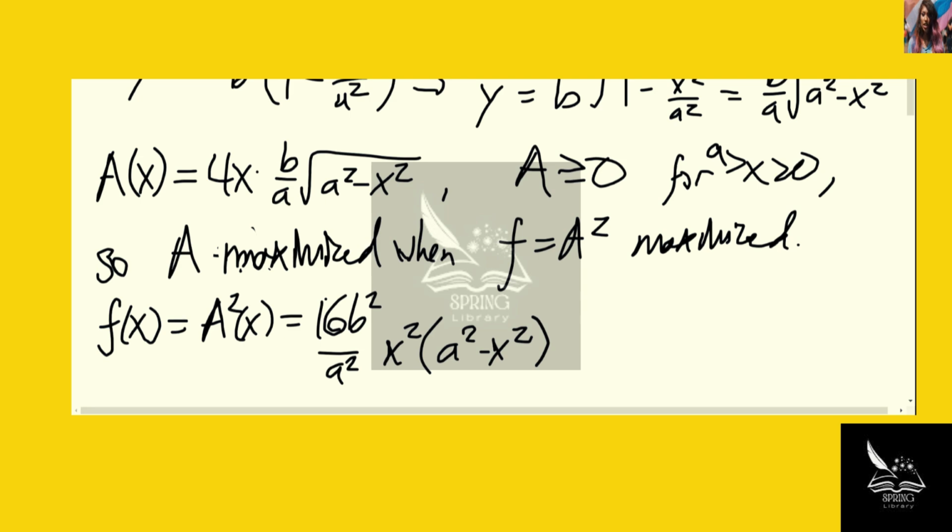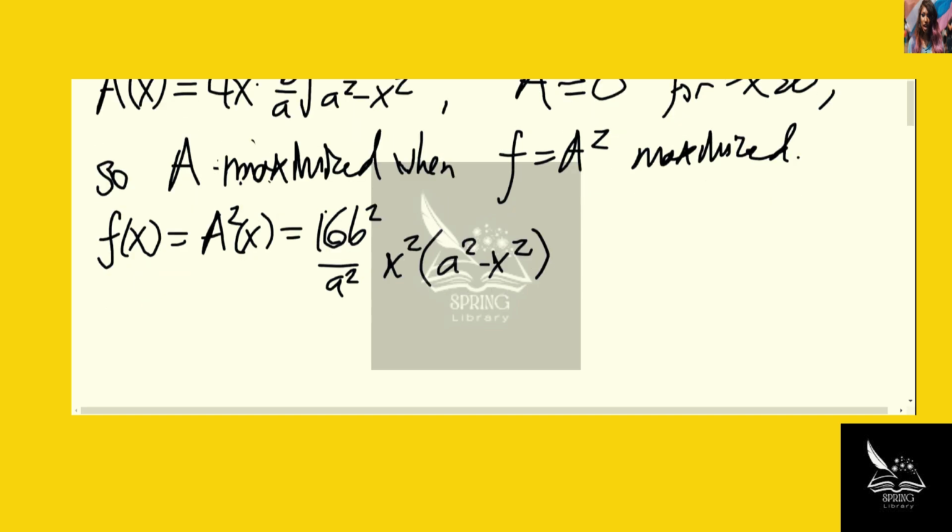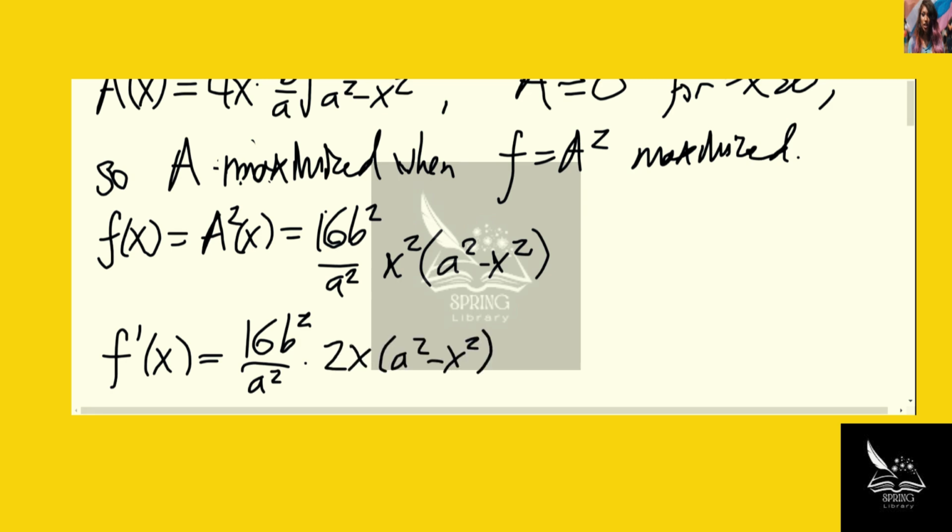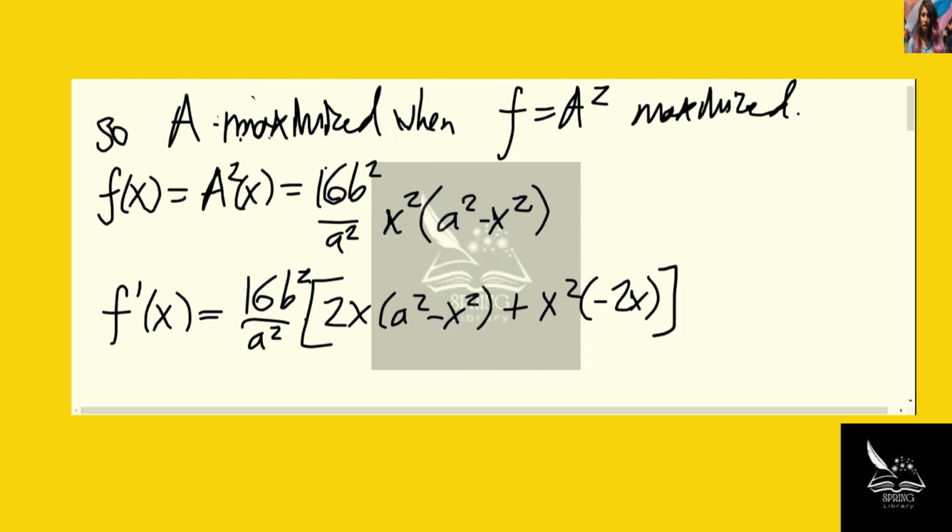Now to find the largest value of f, the absolute max, we're going to have to find the derivative f prime of x. This is 16b squared over a squared times 2x times a squared minus x squared plus x squared times negative 2x. And we want to find the critical values, so we set f prime of x equal to 0.